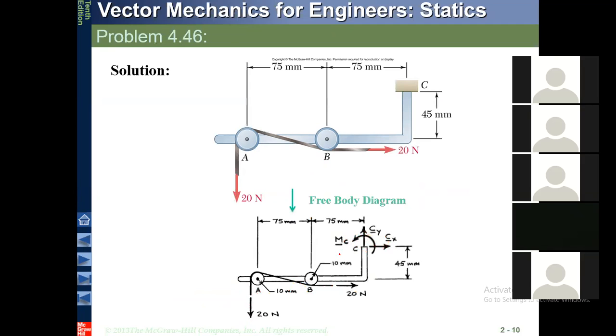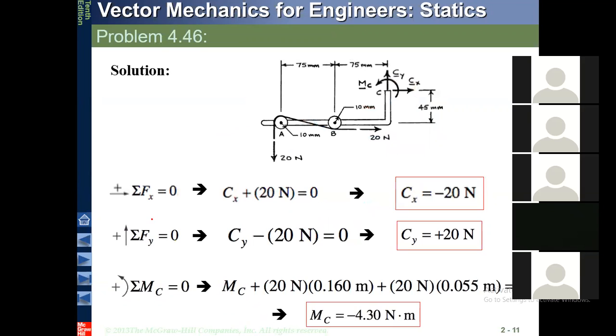So to solve this problem, it is best to start with sigma F of x. Well, it doesn't really matter. You just have a 20 Newton force along the x direction, so you can write sigma F of x, and then Cx plus 20.